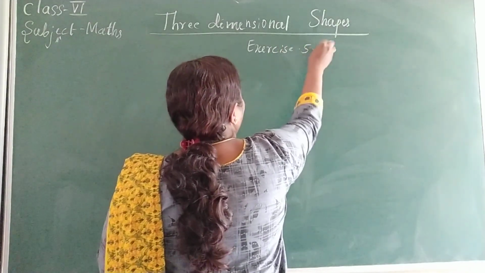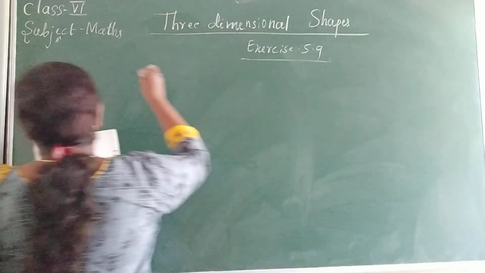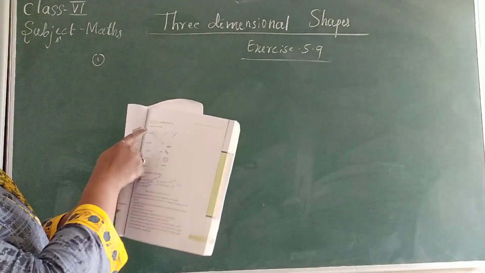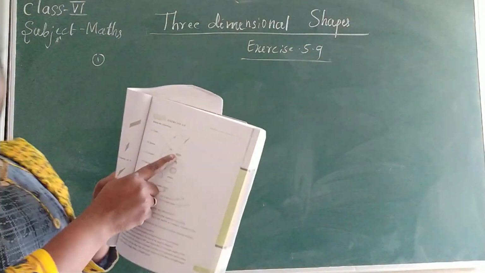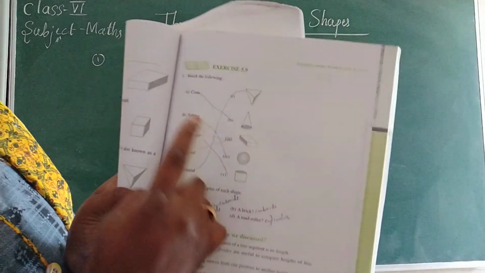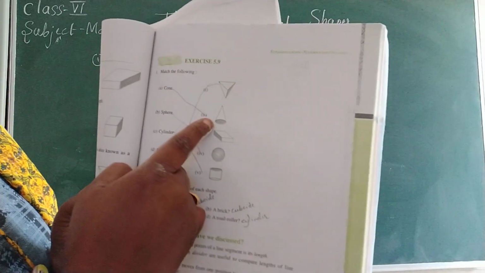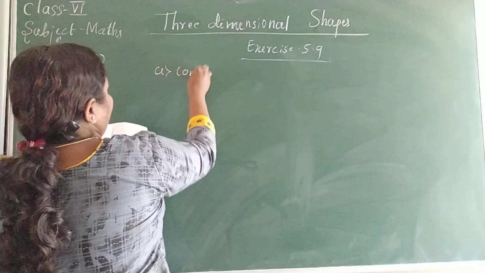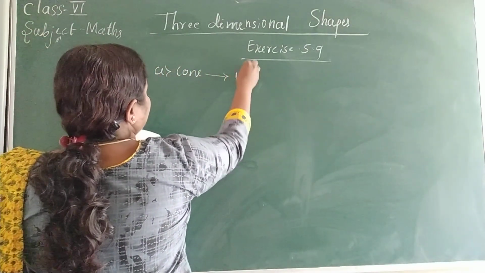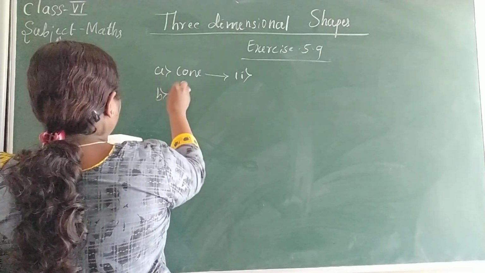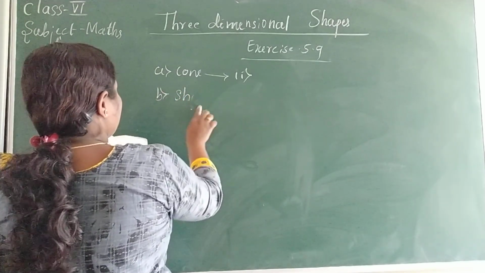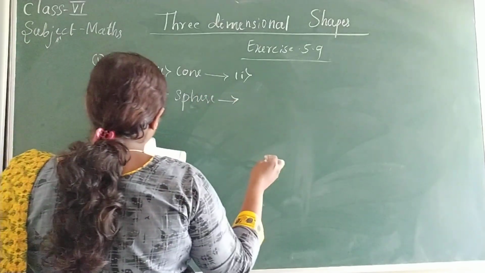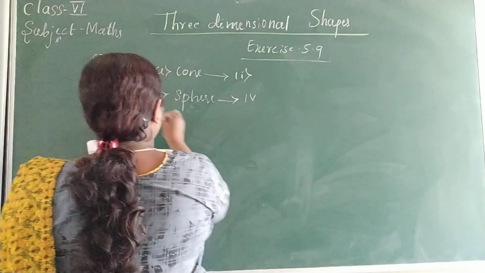First one, match this. I hope you see here. A cone matches to the second. B sphere matches to the fourth one.